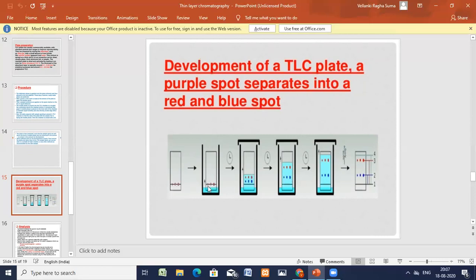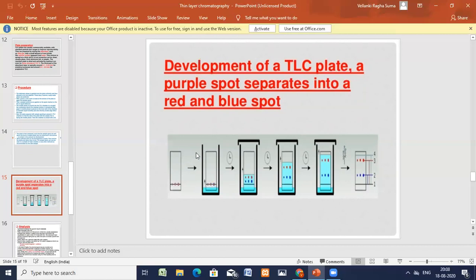Now this is placed in the TLC chamber. Whatever slide is there is dipped in the solvent mixture in such a way that only the slurry, the stationary phase, is dipped and not the sample spots.